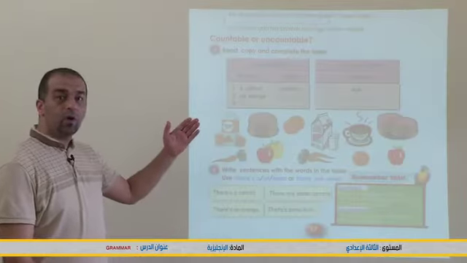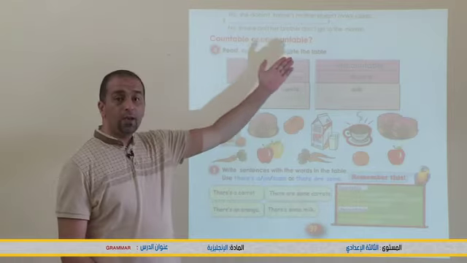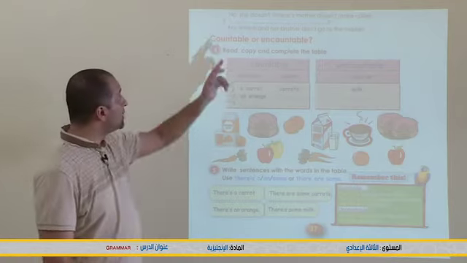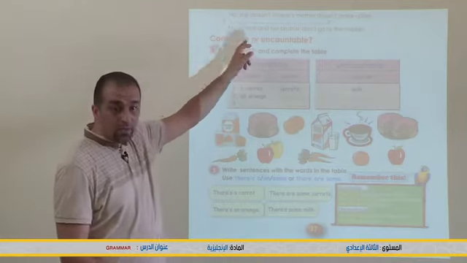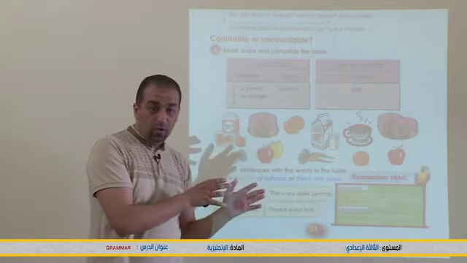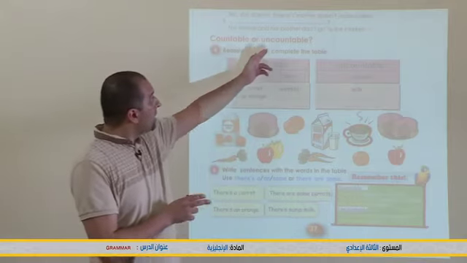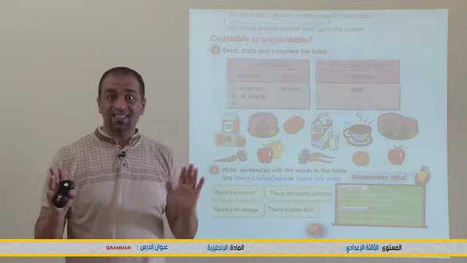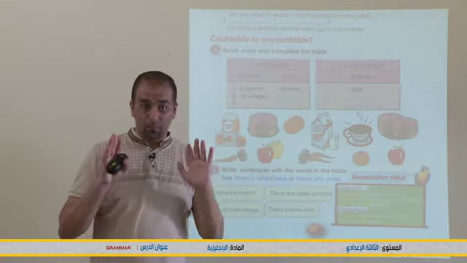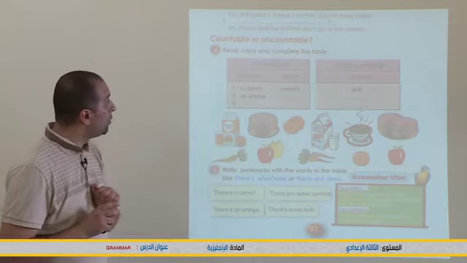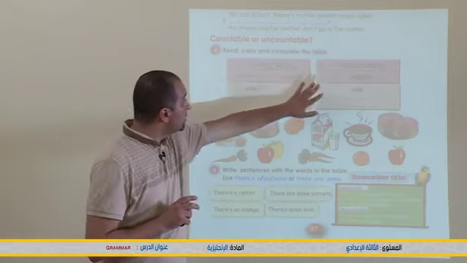Exercise 4 is about countable or uncountable nouns. When talking about countable nouns, we talk about nouns that are singular and plural. Uncountable nouns are nouns that don't have the plural form, they have just the singular form. So look at this chart.